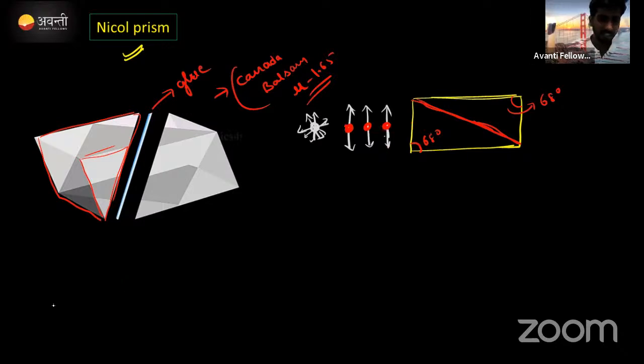After incidence, look, listen carefully. My computer is lagging, I don't know. Okay, this white light, like this they are acting. There will be diffraction compulsorily. It will move like this without deviation.